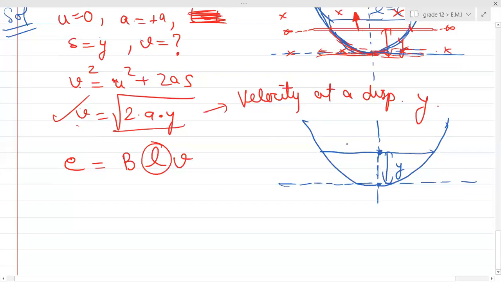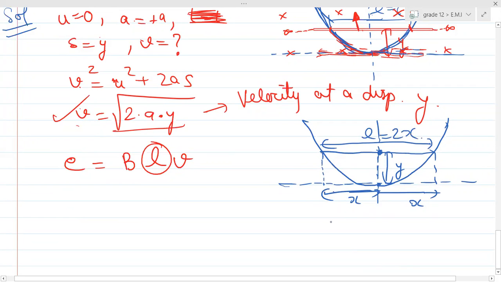Can you see over here, guys? This distance is basically the x coordinate, right? This is also x and this is also x. If you can find this x, then this length will be nothing but 2x. So if we can find the x coordinate at a distance y, then automatically we get our answer.